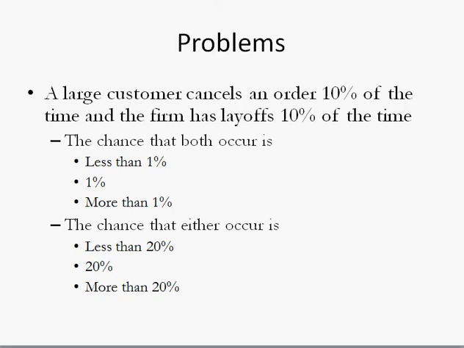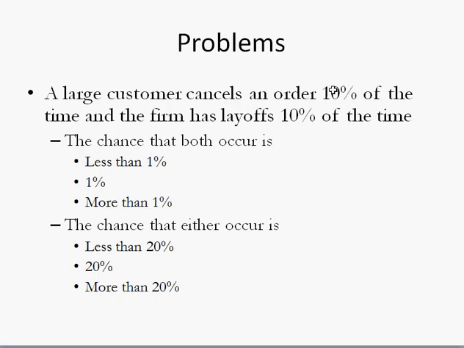And the fact is, that's not likely to happen, right? Because these are going to follow each other. It could even be the case that the chance either occur is exactly 10% because they're perfectly correlated. So my choice is between more than 20, 20, and less than 20. Because these should sort of happen together, less than 20 is going to be the answer.